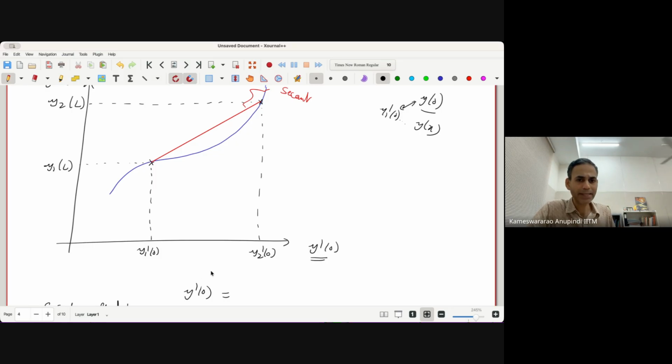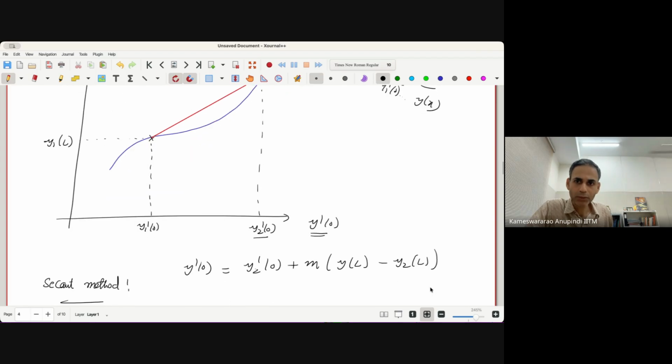So y prime of 0 is my x, equal to y2 prime of 0, that is the intercept, and then I have some inverse of the slope of this secant times what I have here, essentially y of L minus y2 of L.